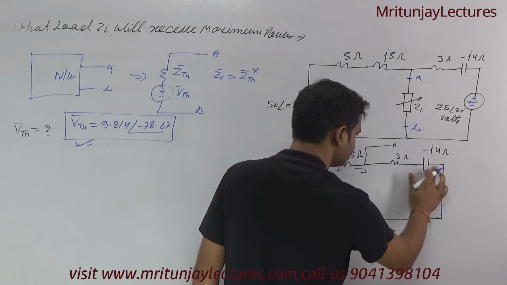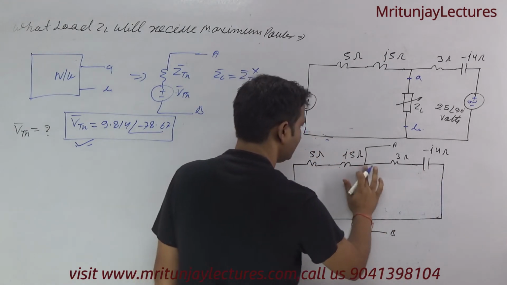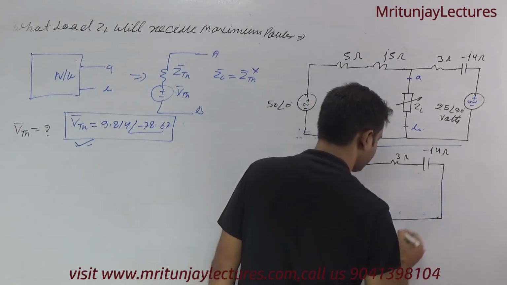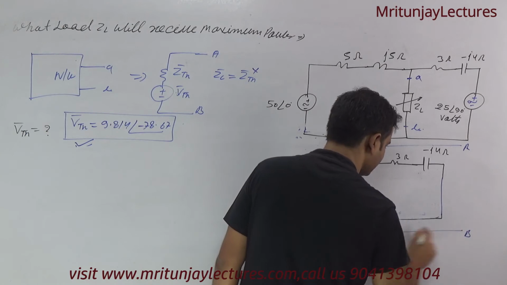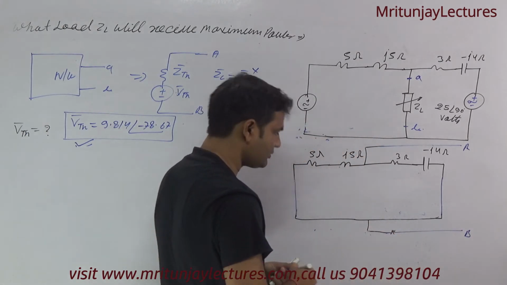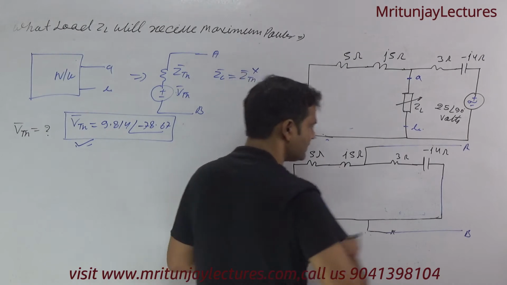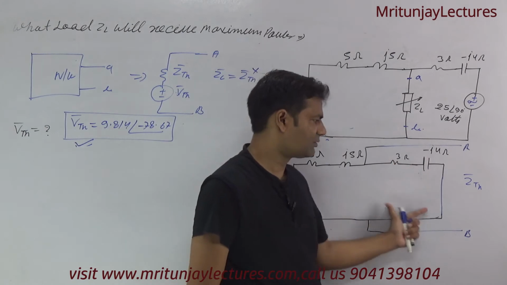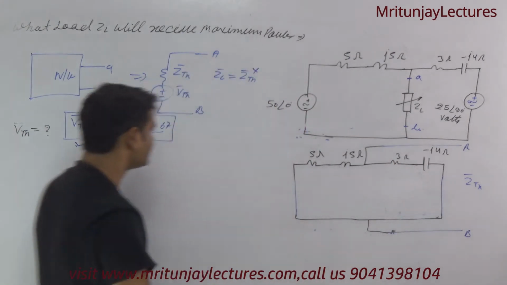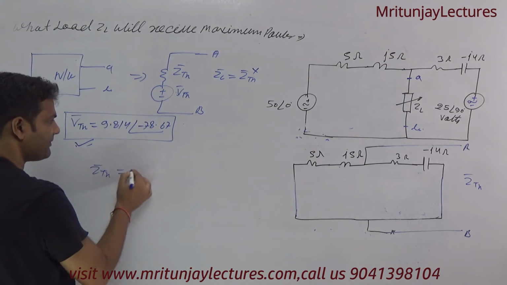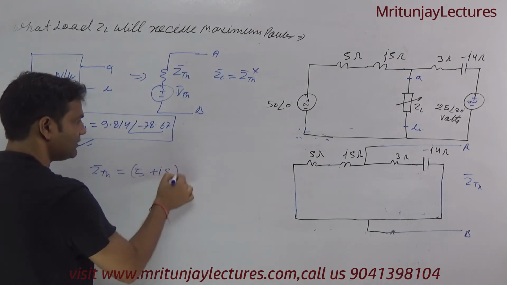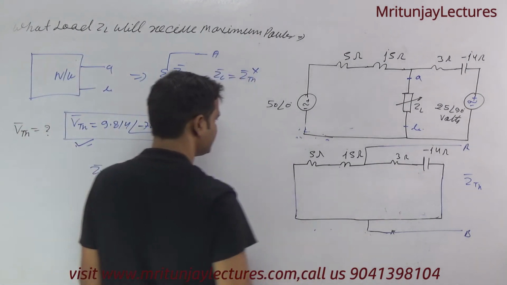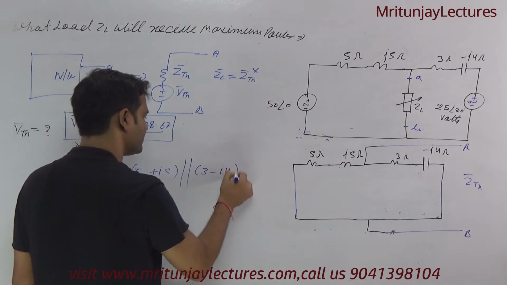You make another circuit like this one, and our motto is to determine ZTH between A and B. Now this whole branch and this whole branch are parallel, so 5 plus j5. This one and this one are in series, and this one and this one are in series, so 3 minus j4.